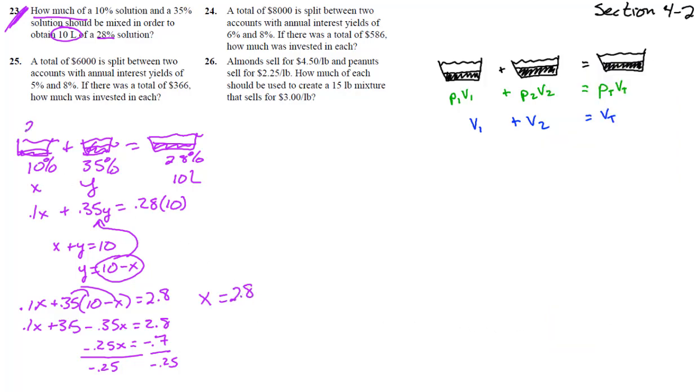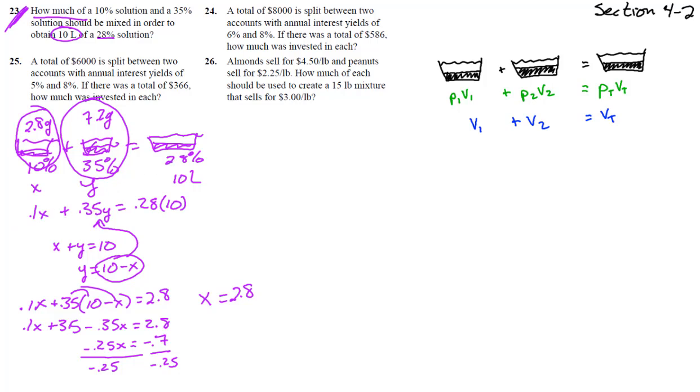So this guy is 2.8 gallons of 10%. Well, if we got to add up to 10, you can stick that right in there. X is 2.8, subtract 2.8 off of that, and we get 7.2. So 7.2 gallons of the 35%, and that'll make exactly 10 liters of 28%.